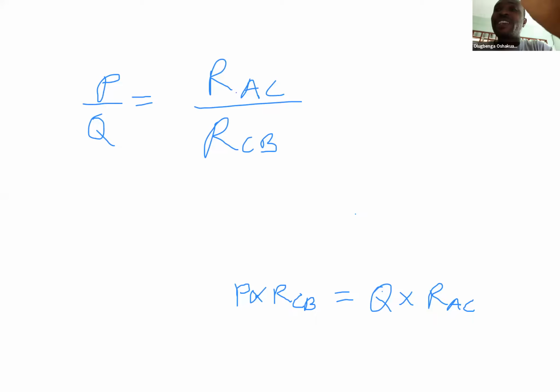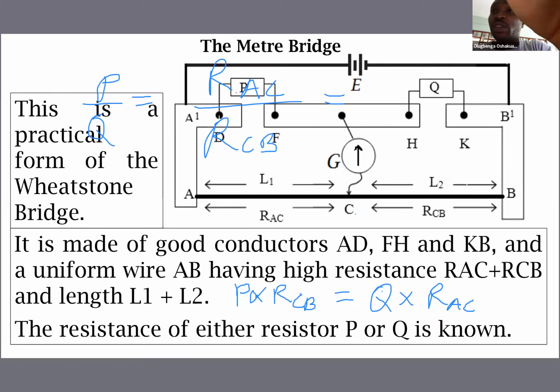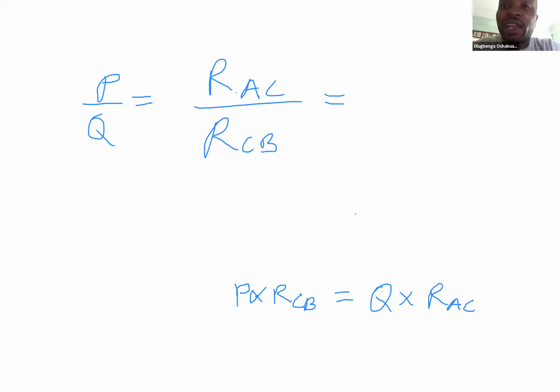And what is RAC? Going by the concepts of resistivity, RAC is L1 and RCB is L2. So we can say RAC over RCB equals L1 over L2.